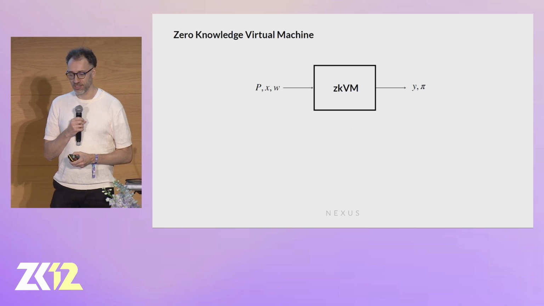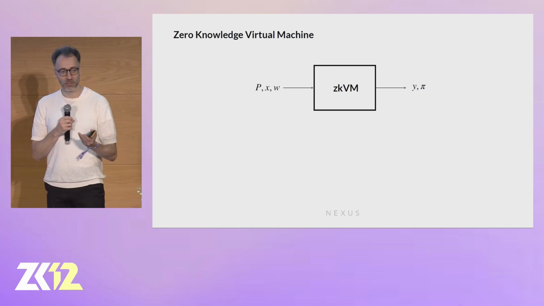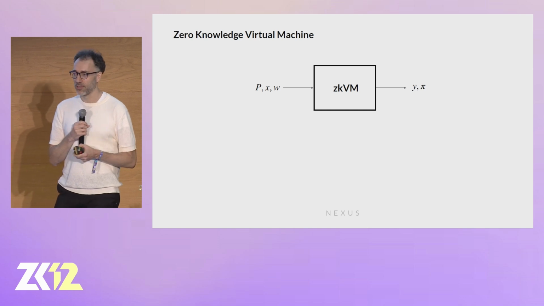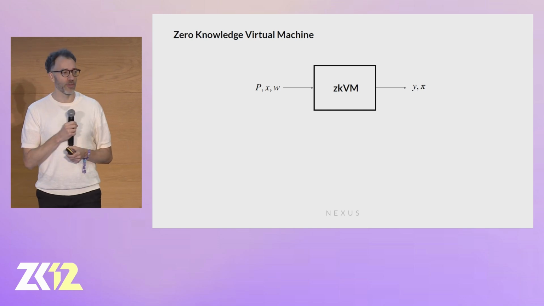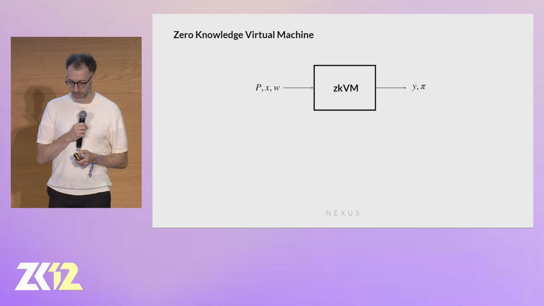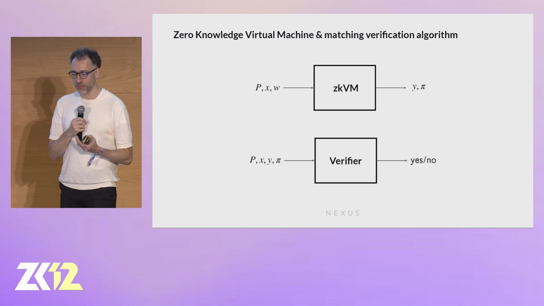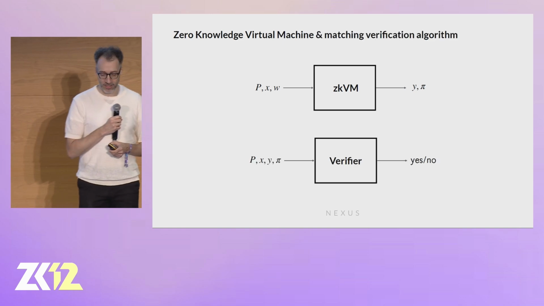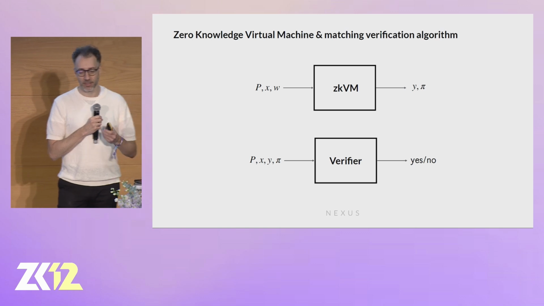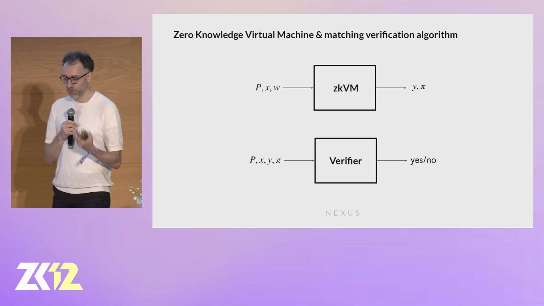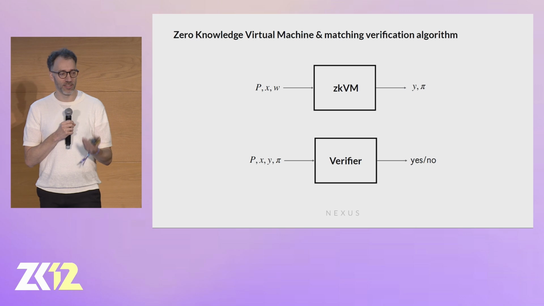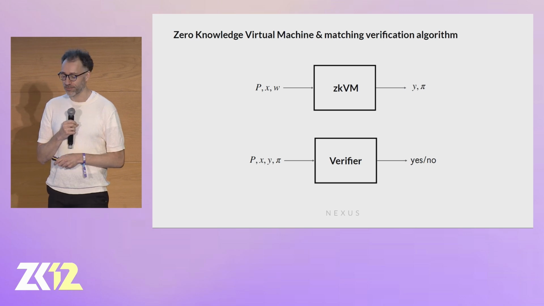So the idea in a zkVM is that you would also output a proof that this has been computed correctly. And then there will be a matching verification algorithm that can take as input the program and the input X and the output Y and check whether this is correct or not.